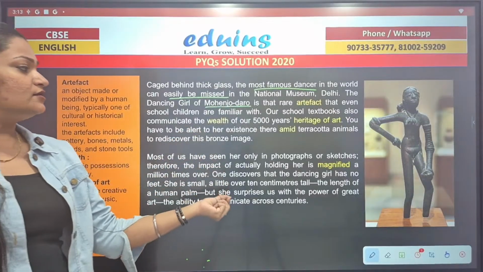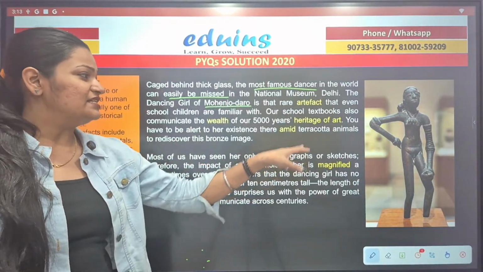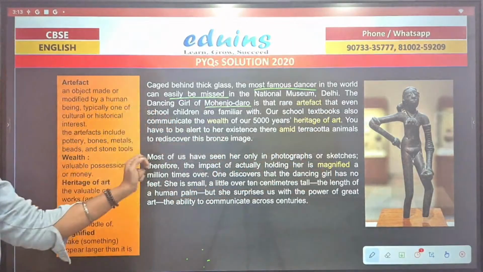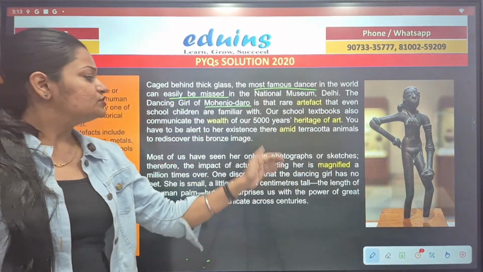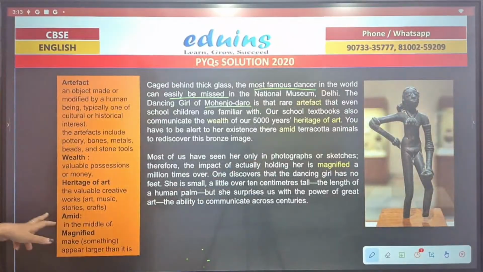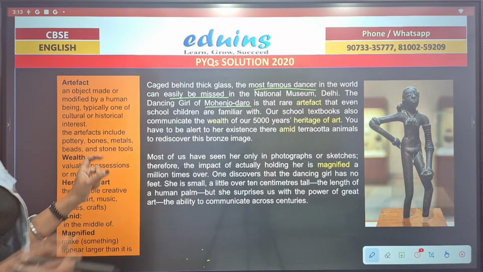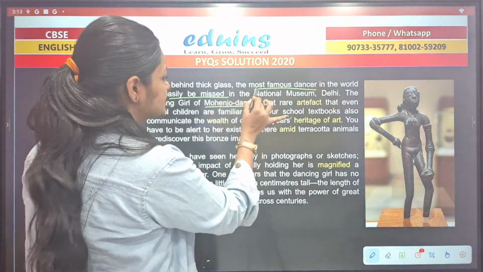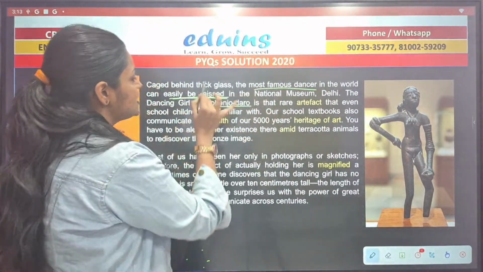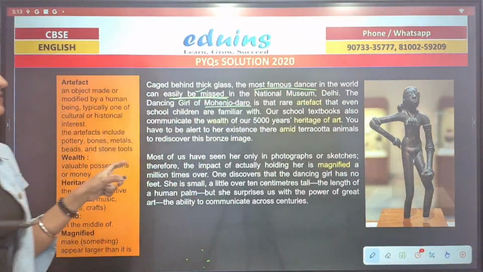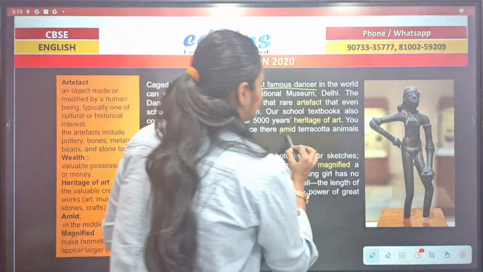You have to be alert to her existence, there amid terracotta animals, to rediscover this bronze image. Amid means in the middle of. So why has it been said that she can easily be missed? Because of this: amid terracotta animals.